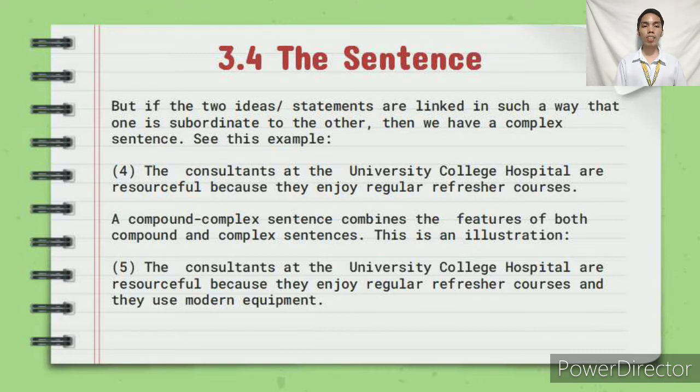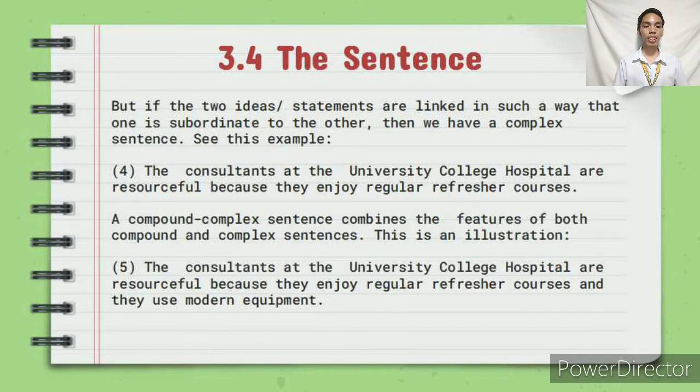So our subordinate clause here is because they enjoy regular refresher courses, which is linked to our independent clause, which is the first clause. Next, a compound complex sentence combines the features of both compound and complex sentences. This is an illustration. Okay?